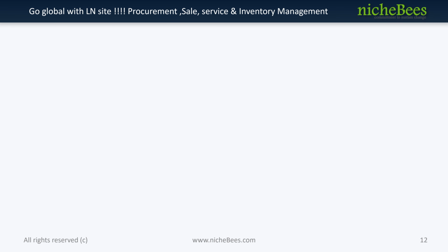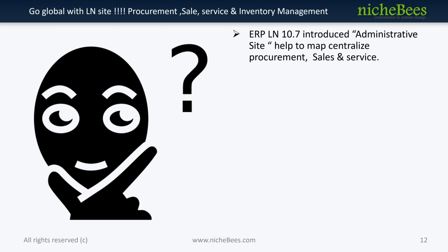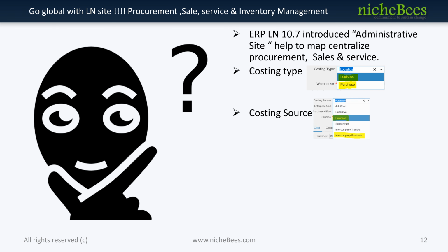We saw in the previous slide why companies prefer to go global with administrative and external sites. Hence, to support this business process, ERP LN 10.7 has introduced the administrative site to map centralized procurement, centralized sales and service, costing type and costing source.